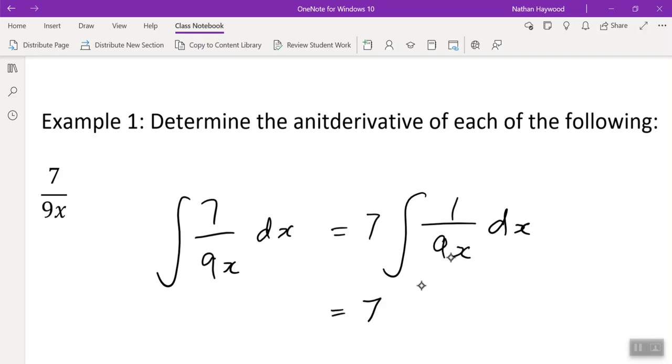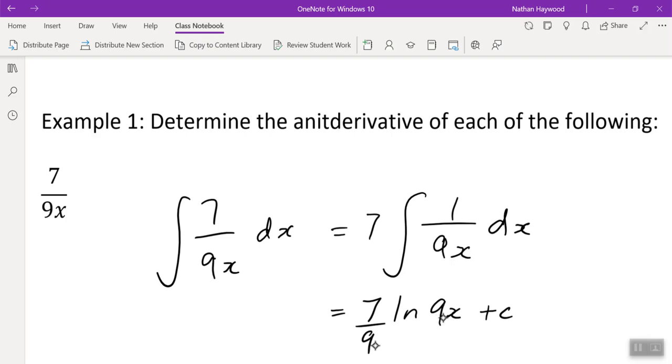Okay, so this becomes the natural log of 9x, and you have to bring the 9 at the front as well. Don't forget what? Plus c.